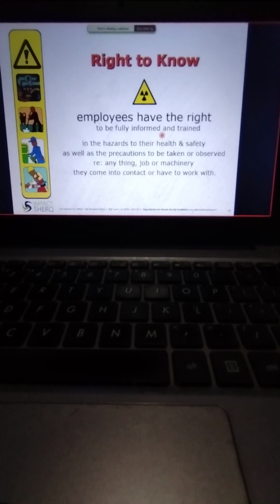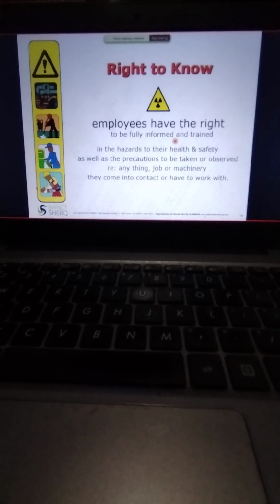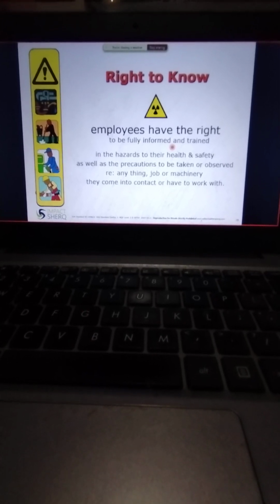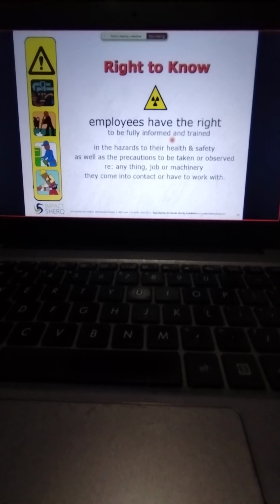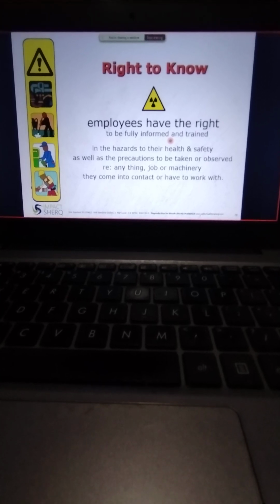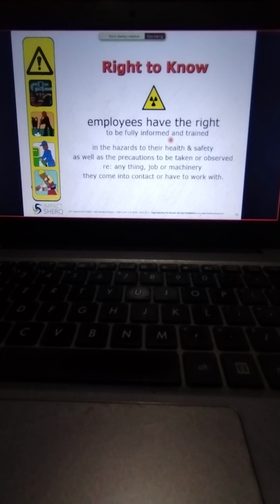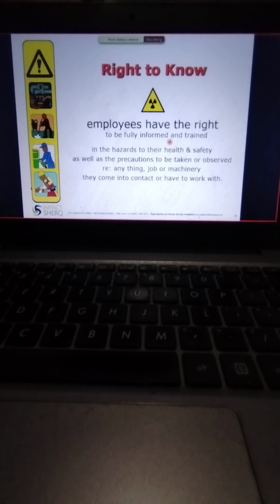So every employee has a right to be safe at work. And every employee has a right to be trained. And it's important that you know that people must be trained. People must be trained on how to do their job. People must be trained on how to be safe at work. And people must be trained on how to avoid the hazards and risks associated with their workplace. Training is important. It is their right.